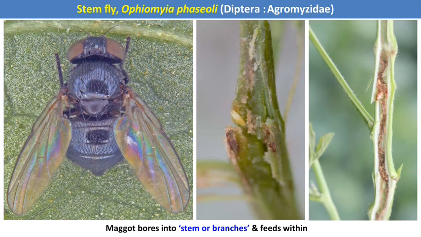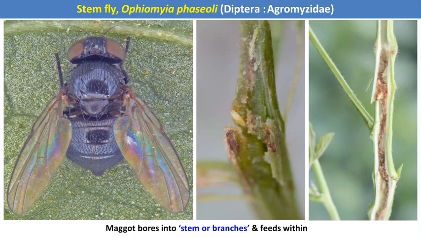The larval stage of a dipteran pest is called a maggot, and a maggot is nothing but a legless larva. The adult of a dipteran pest is called a fly. This fly looks like a house fly, but there is a slight difference in that this is a golden color fly, or we can say a gray color fly.